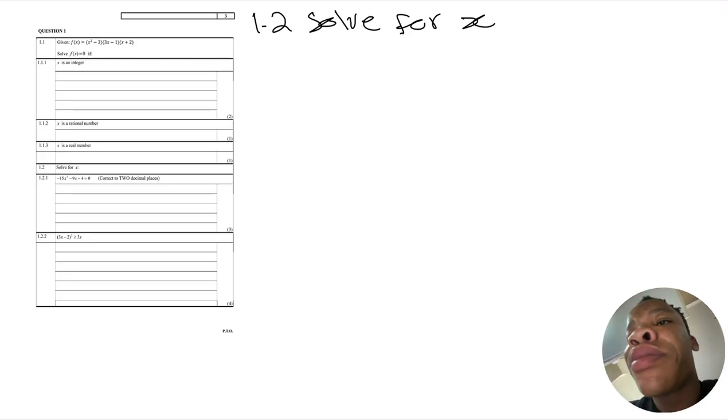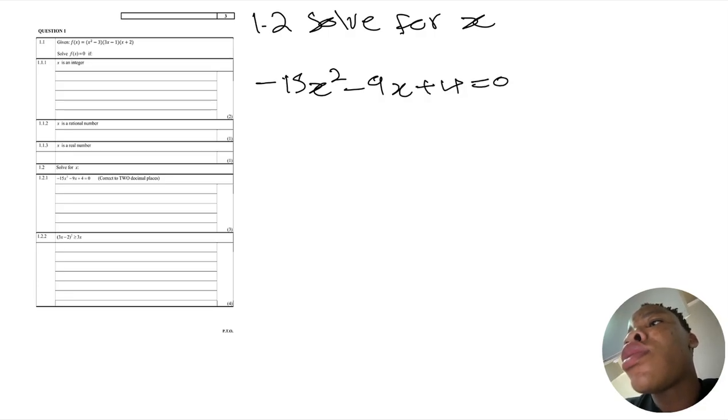We are given minus 15x squared minus 9x plus 4 equals 0.